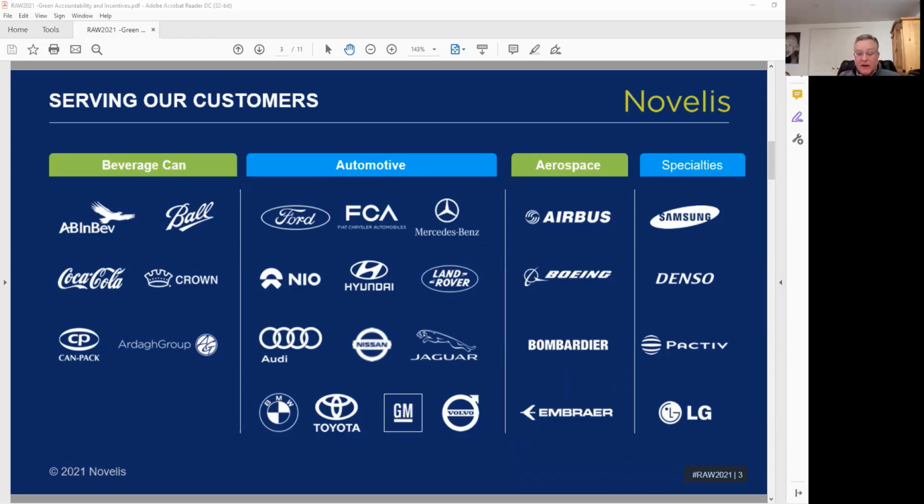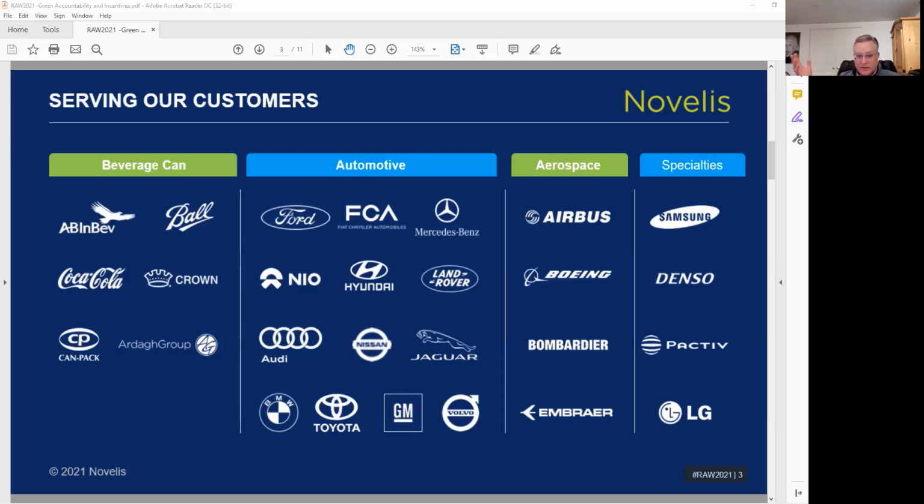The interesting thing about all of these products, though, as you may suspect, is that they are all composed of different types of alloys of aluminum. So the beverage can uses one alloy. The automotive industry uses probably 3 different types of alloys.